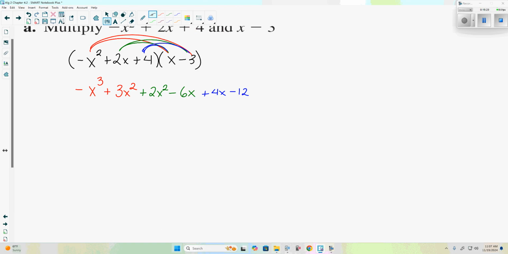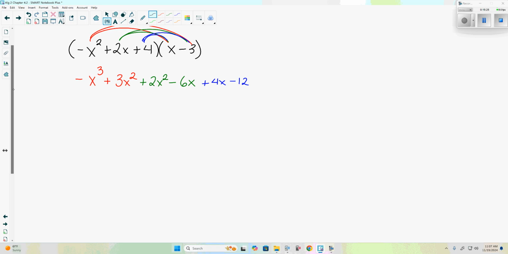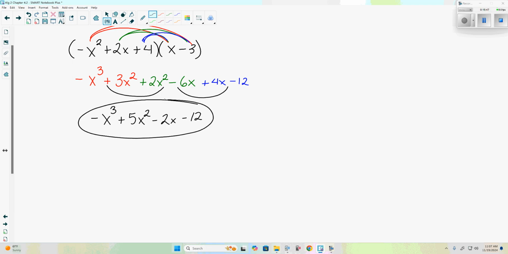Now we combine like terms. The nice thing with how this ended up working out is that like terms are right next to each other. So we still have the negative x cubed because there are no like terms with it. 3x squared plus 2x squared would be plus 5x squared. Negative 6x plus 4x is going to be negative 2x, minus 12.